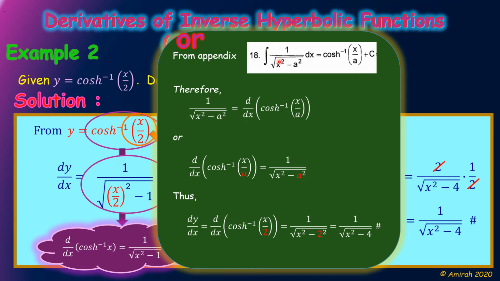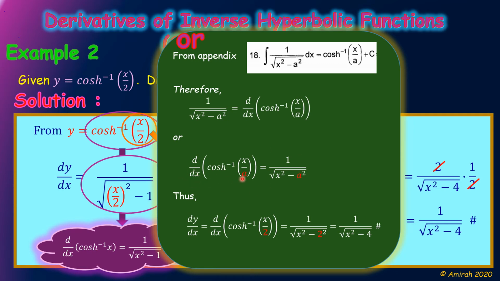So we have 1 over square root of x squared minus a squared equals derivative of inverse cos x over a. Or we can exchange left hand side and right hand side. So we have derivative of inverse cos x over a equals 1 over square root of x squared minus a squared. So we refer to this formula.